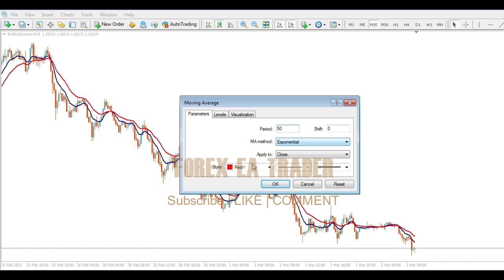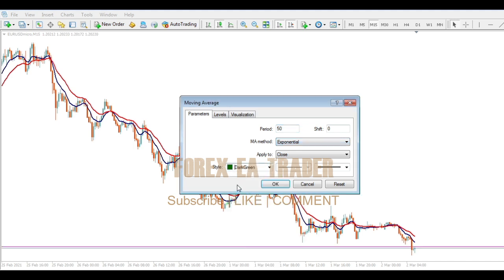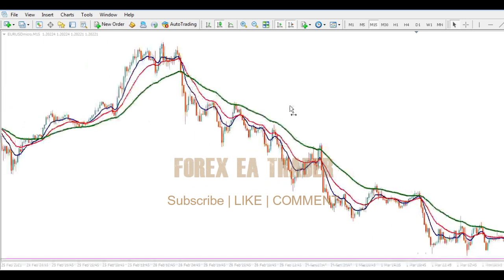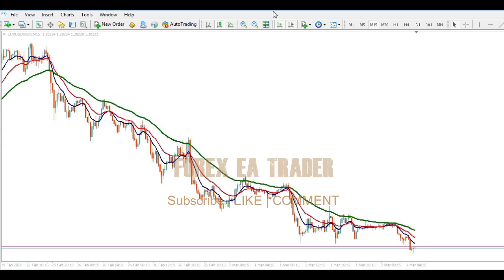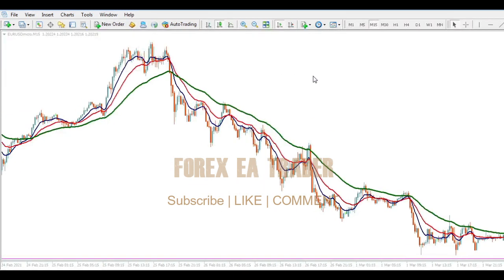I'm just keeping it exponential because I started with exponential, but you can play around with whether you want exponential or simple on your 9, on your 20, or on the 50, or you can mix them up, or you can keep them as one type. It's basically up to you. So you can see that you have a foundation of a strategy here.